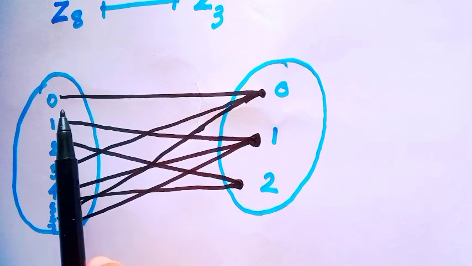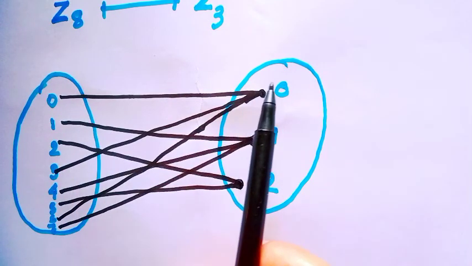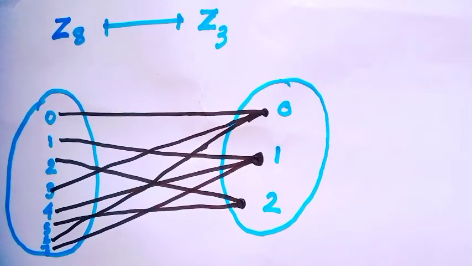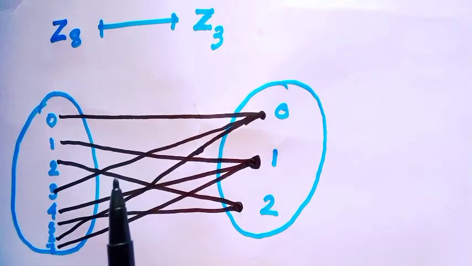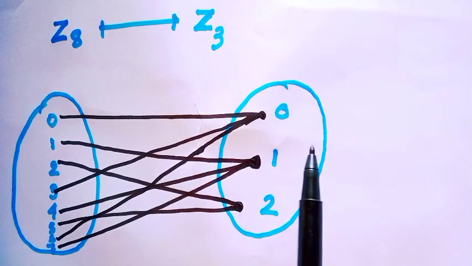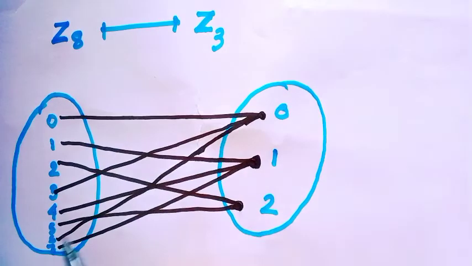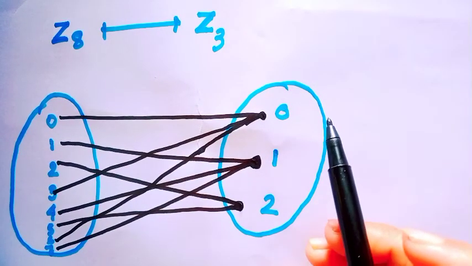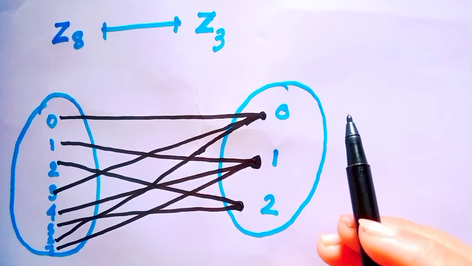Since the identity element of Z8 is 0, similarly the identity element of Z3 is 0. So 0 always maps to 0. Okay? Similarly, all multiples of 3 map to 0. So 3 maps to 0, 6 maps to 0. Here 3 elements map to 0 in Z3.